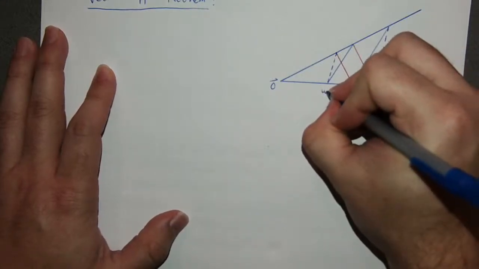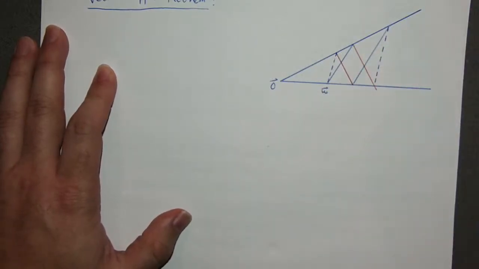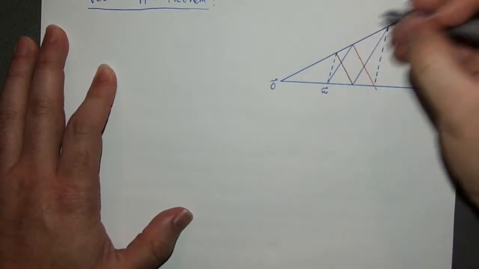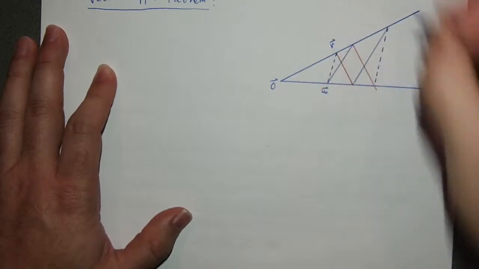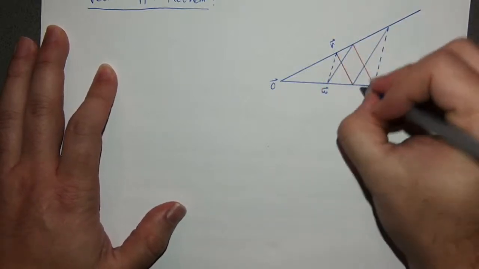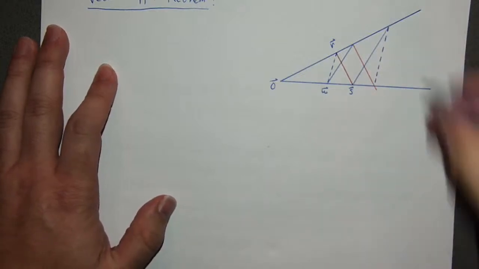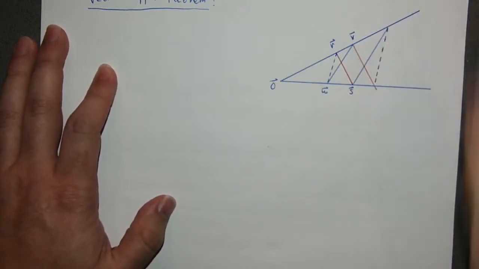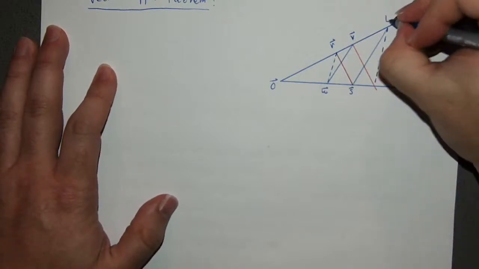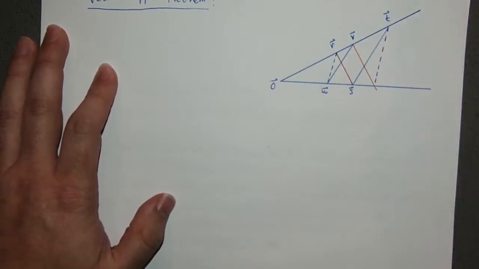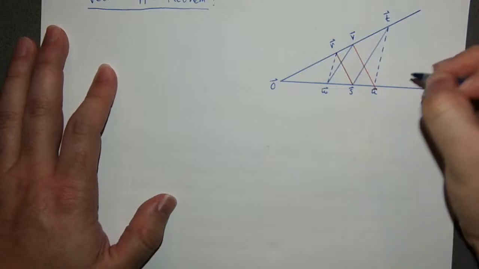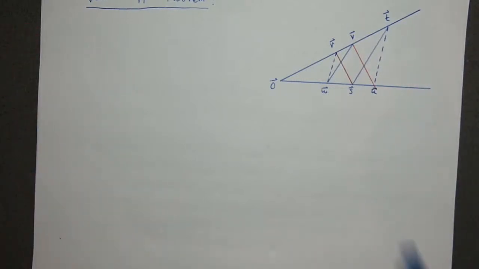Okay, this is W. Okay, here is R. Okay, here is S. Okay, here is V. Here is T. And here is U. Okay, now we're going to fill in a little bit more of this diagram as we go through the proof. So first, let's do the statement.